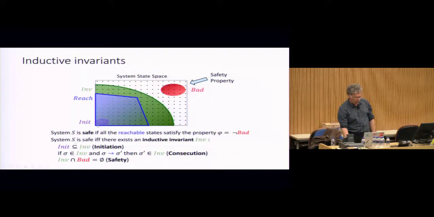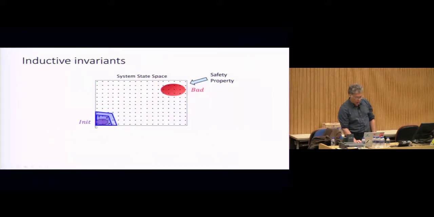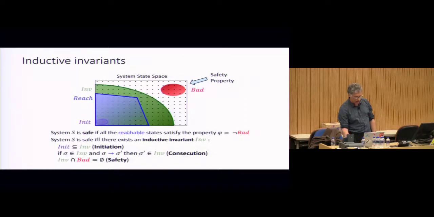Initiation means that the set of initial states, remember those initial states there, have to be inside the inductive invariant. So we have a base case, okay? So think of that as the base case. The induction step basically says that the inductive invariant is closed under taking a step in the program. So if I have a state sigma that's in my set, and I take a step from sigma to sigma prime, then sigma prime is also in my inductive invariant.